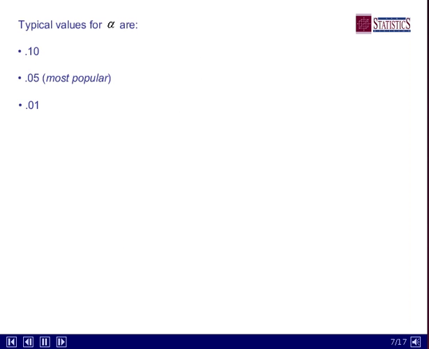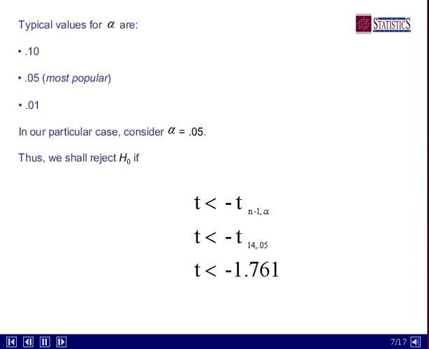Common values for alpha are 10%, 5%, and 1%, with 5% being the most popular choice. So if we use 5% in our particular case, our pen barrel case, then we will reject if t is less than minus t of 14 degrees of freedom and a 0.05 value.